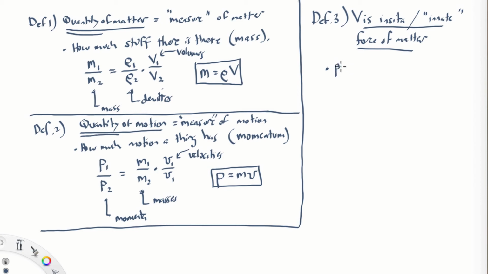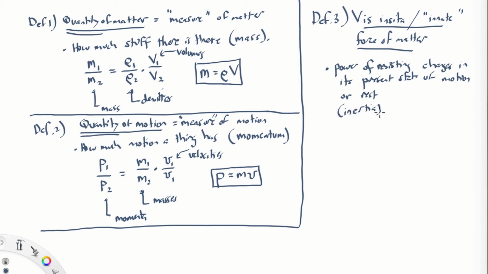So I'll write that down. Something's vis insita is its power of resisting changes in its present state of motion or rest. This is what we today would call the inertia of an object.